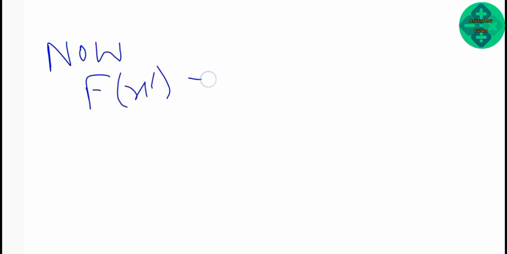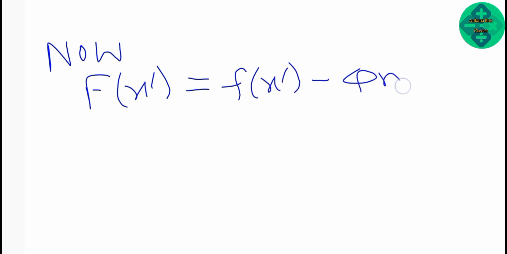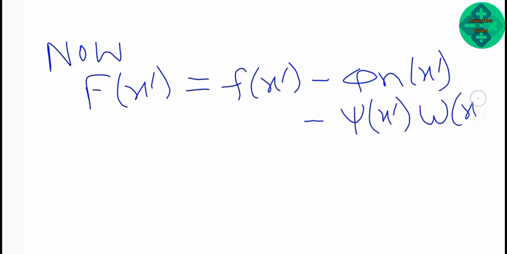Now, capital F of x dash is equal to small f of x dash minus phi n x dash minus psi x dash into omega x dash. That is, we put x equal to x dash in the function capital F of x. From equation 5, we get f of x dash is equal to phi n x dash plus psi x dash into omega x dash.